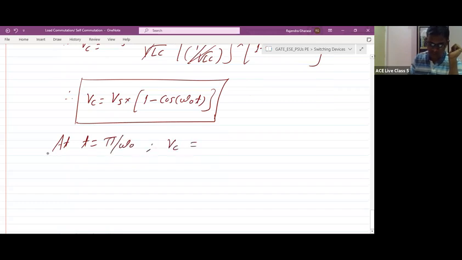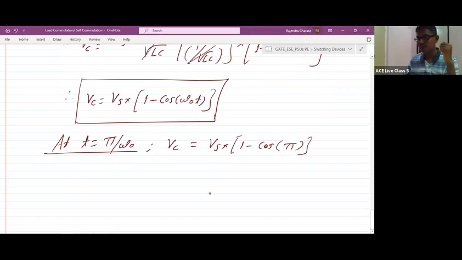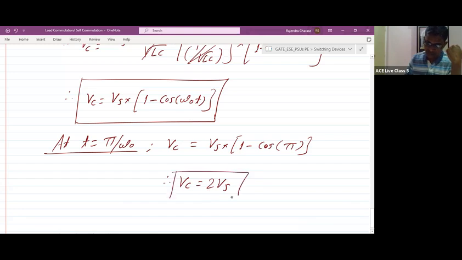Vc is equal to Vs into 1 minus cos of omega 0 into pi by omega 0, so it is cos of pi. Cos pi is -1, so 1 minus of -1 is 2. Therefore Vc is equal to 2 Vs.